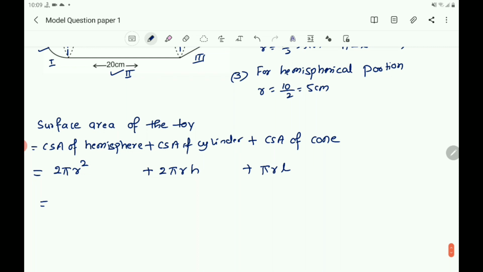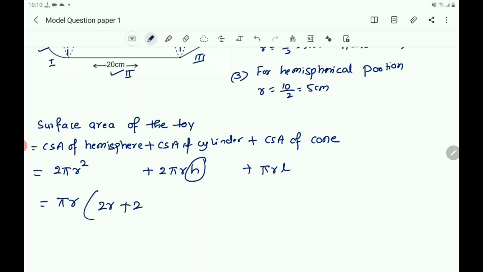So here you can remove 2 pi, but here only 1 pi is there, therefore you can remove pi as a common. And r square is there, r is there, then r you can remove as a common. So you remove pi r outside. In the bracket here 2 is remaining and r is remaining, 2r plus, again here 2 is remaining, 2 pi r is outside.